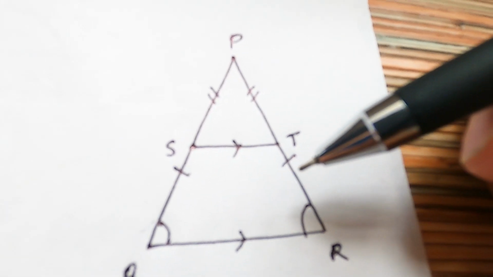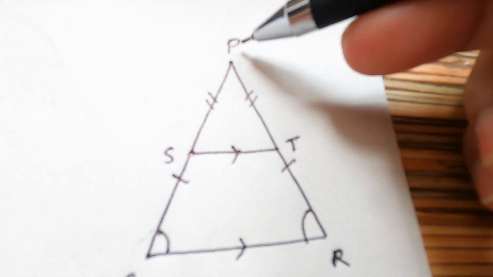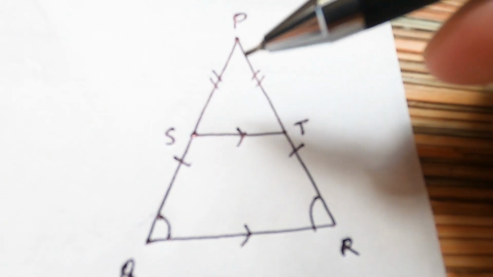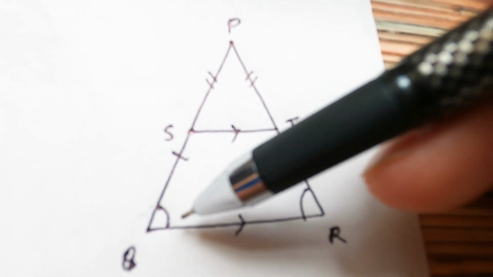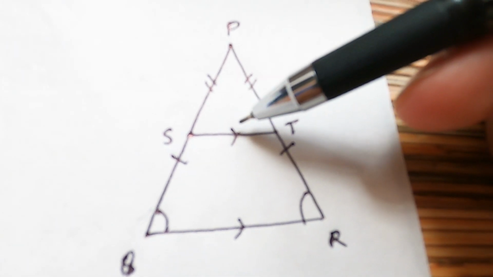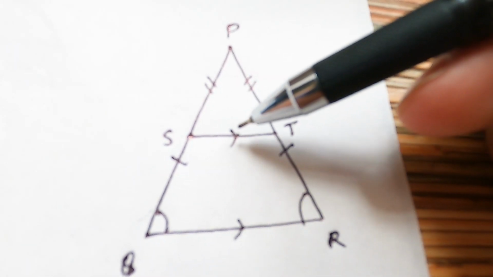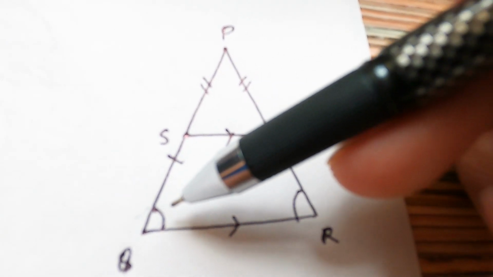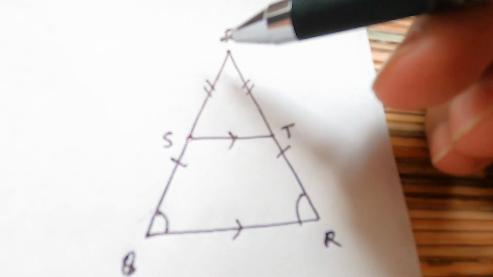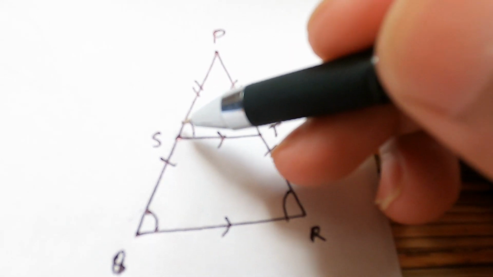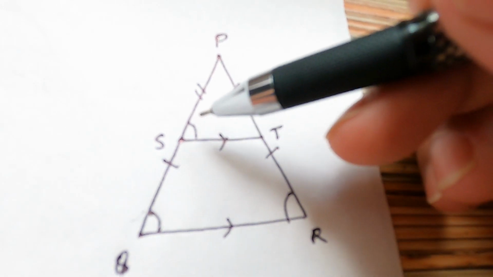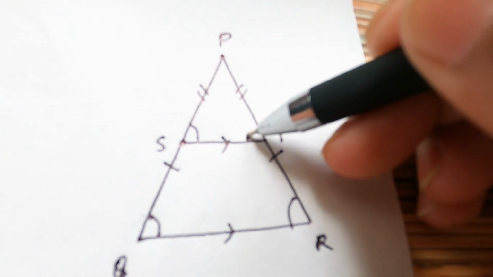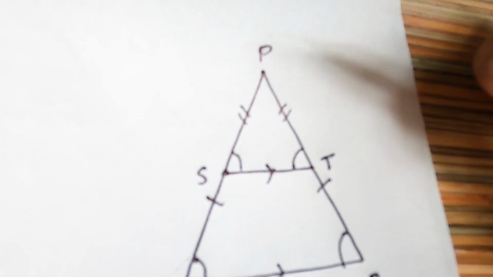So okay, how do we prove PS is equal to PT? Now another important condition is that we know that ST is parallel to QR. So if ST is parallel to QR, it means that angle Q will be equal to angle S, corresponding angles. And here angle R will be equal to angle T, corresponding angles.